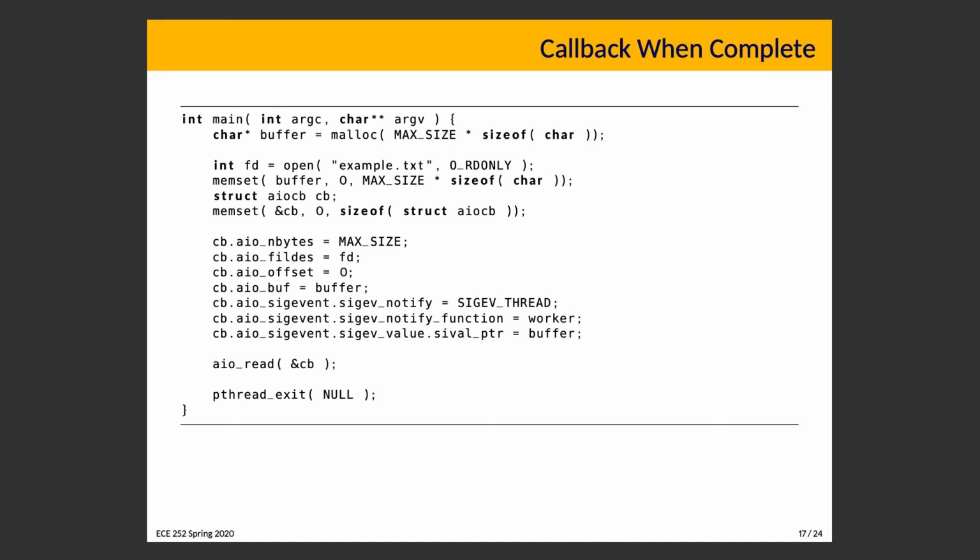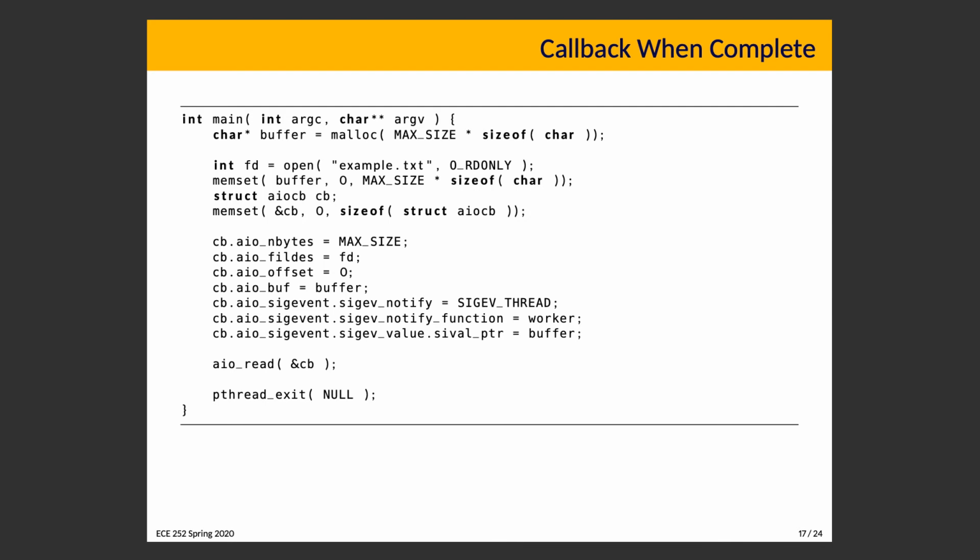Then we set our number of bytes to be the maximum size, our file descriptor, our offset is 0, our destination is the buffer, and our notify type is thread. The function that we want to run is called worker, and the argument, the sigev_value.sival_ptr, is buffer. Then we'll do the aio_read, and then we'll pthread_exit with null.